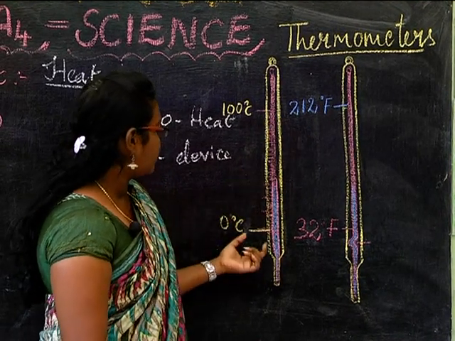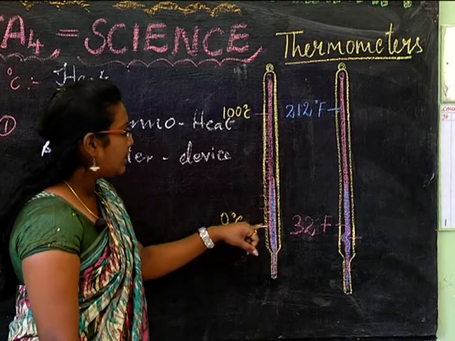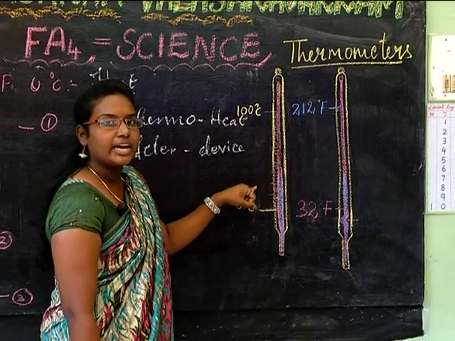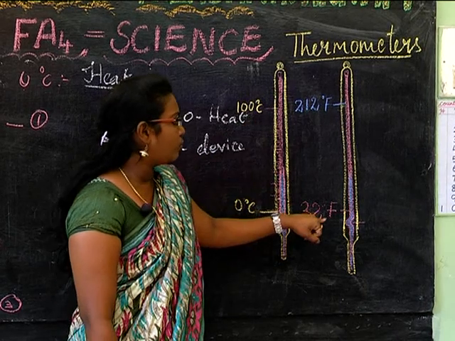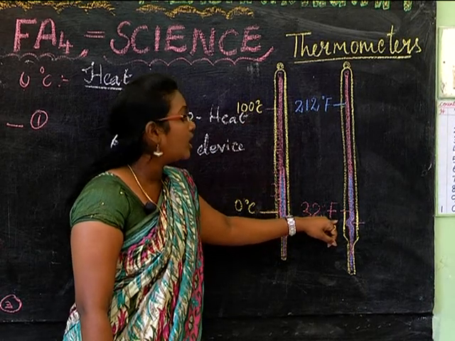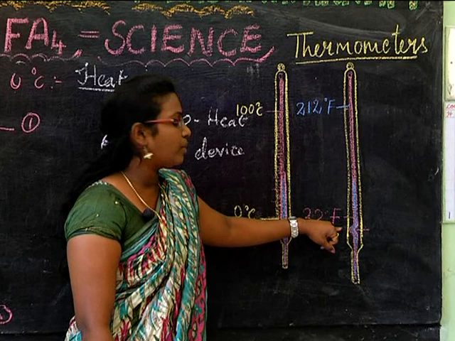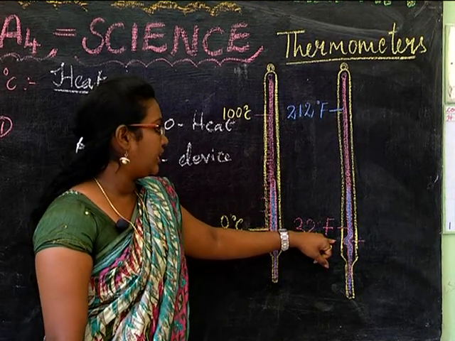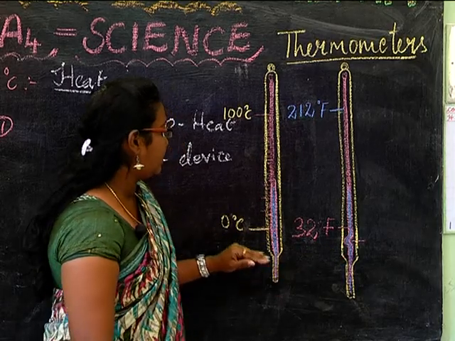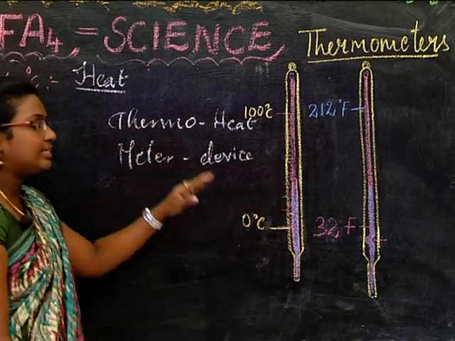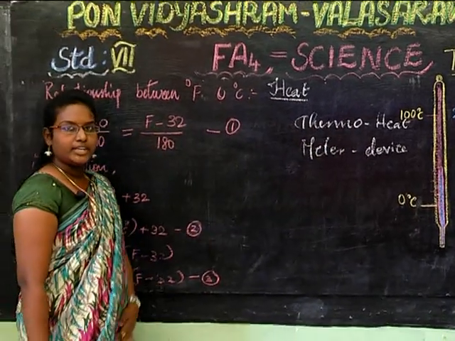In Celsius we have 100 parts, and each part is equal to 1 degree Celsius. In Fahrenheit it has 180 parts, and each part is 1 degree Fahrenheit. Now we have to know the relation between Fahrenheit and Celsius.